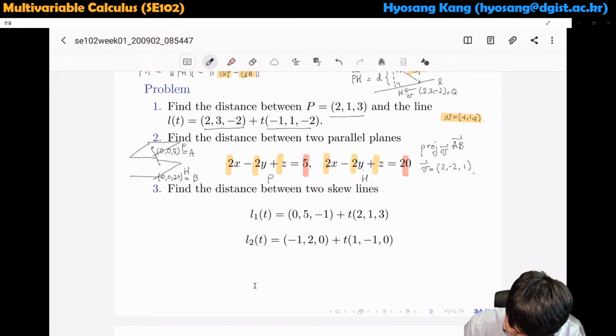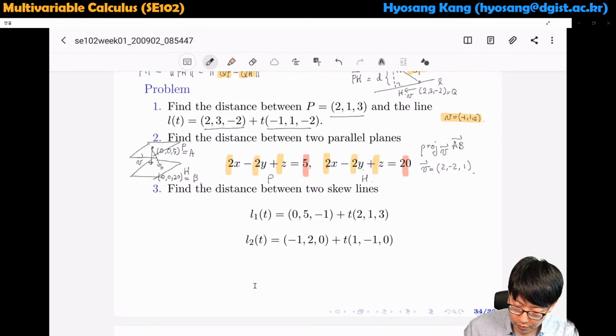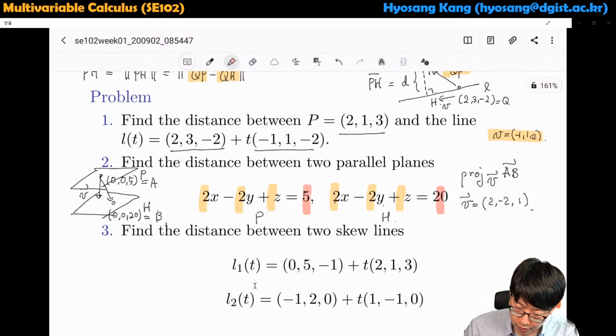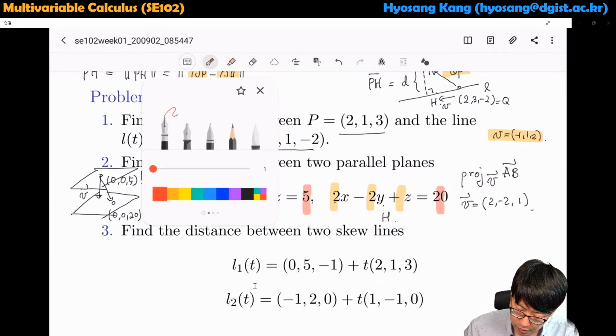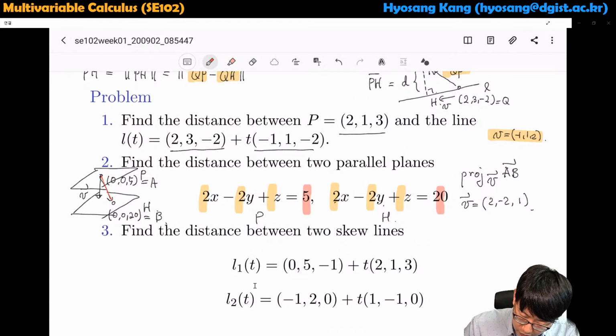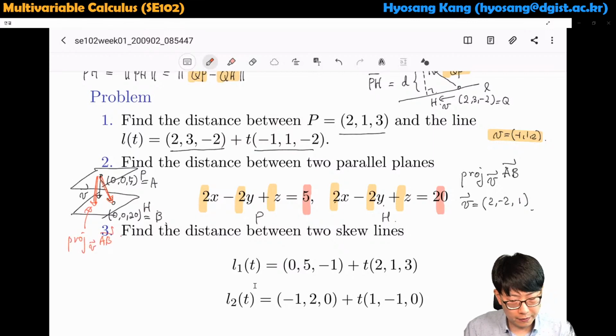Let's say (0, 0, 20) is here, and this direction is my normal direction. So I want to project my vector AB onto this normal direction. So I get this vector. This is the projection of AB onto V.